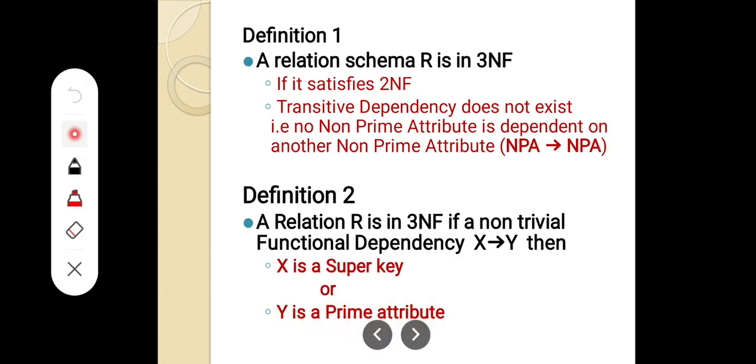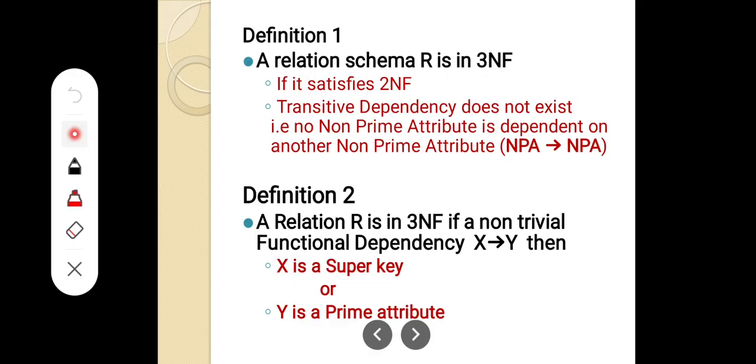When a set of functional dependencies is given, you just verify whether the LHS is a super key. Then you don't have to look at the RHS; you can directly say that it is 3NF. If the LHS is not a super key or a candidate key, then you have to go to the RHS. If the RHS is a prime attribute, then it is in 3NF.